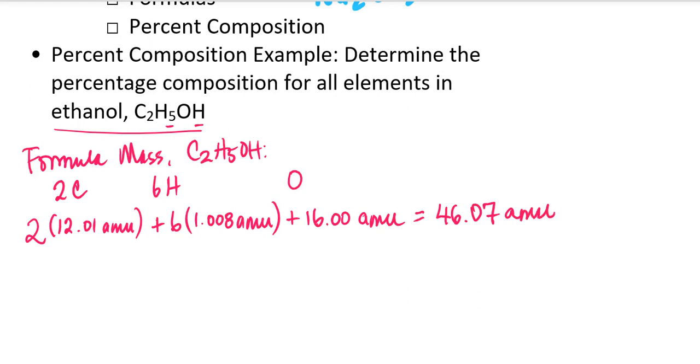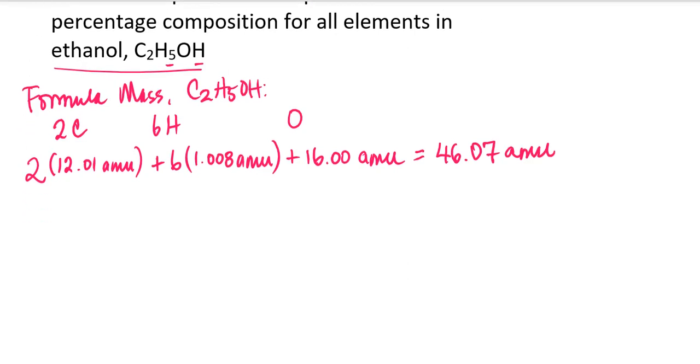Now, as it turns out, I've done most of the hard work for determining the percent composition already, because to determine the percent composition for each element, all that I would have to do is to take each of these elements in turn and divide them by the formula mass of the entire compound.